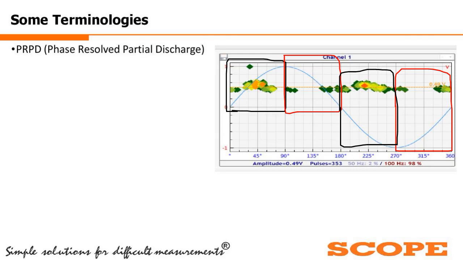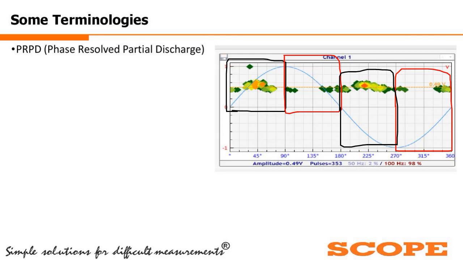50 hertz is the ideal frequency, but if 49.8 is your system frequency at this moment, and at that time you get several very high peaks of partial discharge signal, with respect to 49.8 it is beyond 90 degrees, in the zone of 90 to 180, which is not a PD.